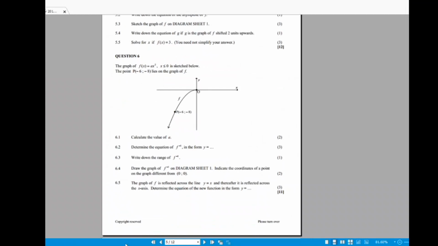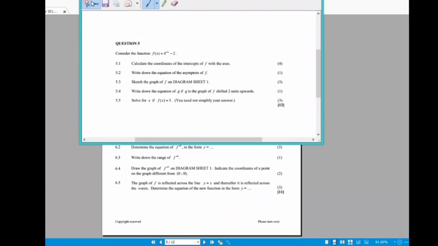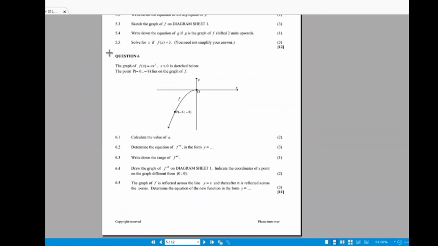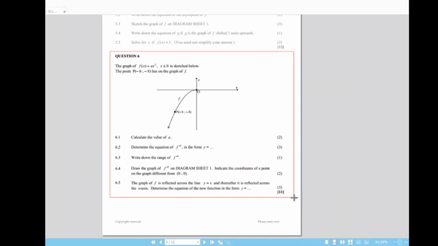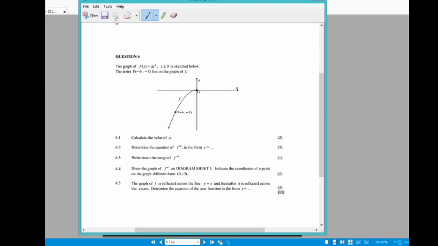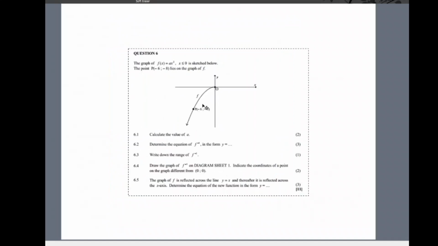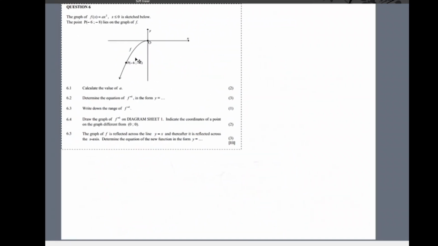Okay, question 6. Let's copy question 6. The graph of f of x equals a to the power x for x less than or equal to 0 is sketched below.